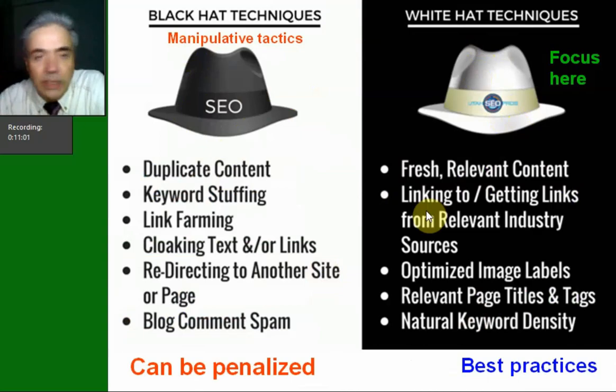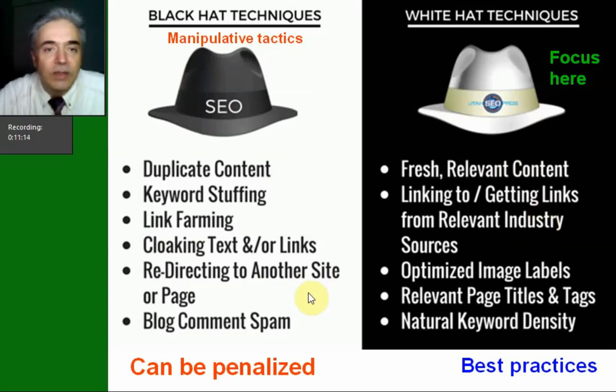Just so you know, it's not only about being 100% manipulative or 100% good. Sometimes people are doing good things, but they make a mistake and do something not very good, and they can even be penalized if the search engine finds out that you're doing such bad practices.